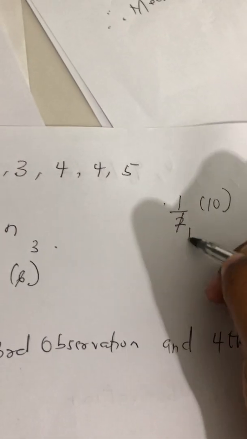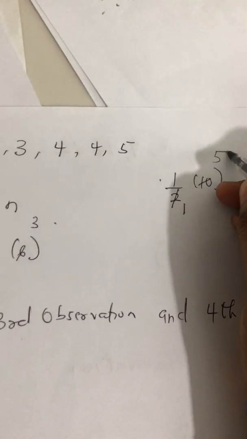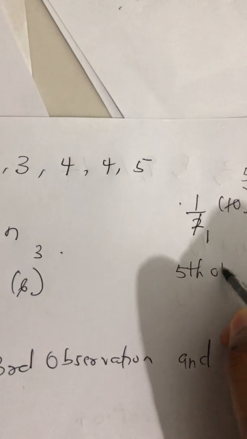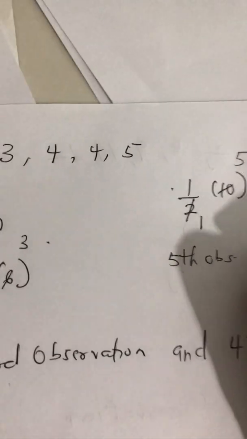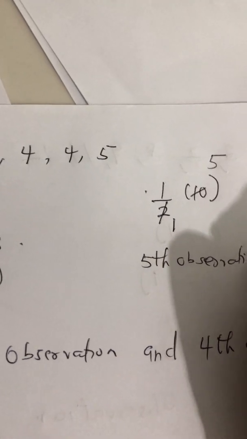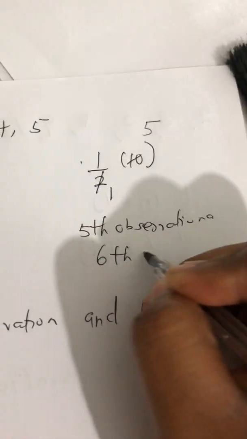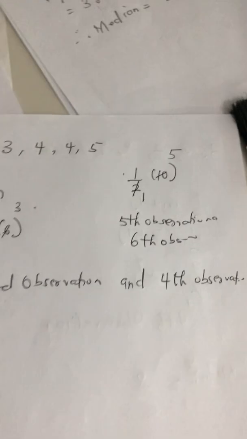So it would have been 1 over 2 times 10, 5. That means my observation would have been the fifth observation. And the number after 5 is 6. So it would have been the fifth observation and sixth observation. Do you get it? Okay.